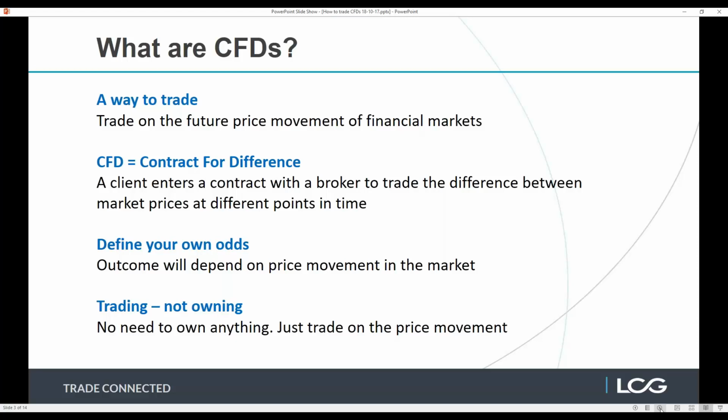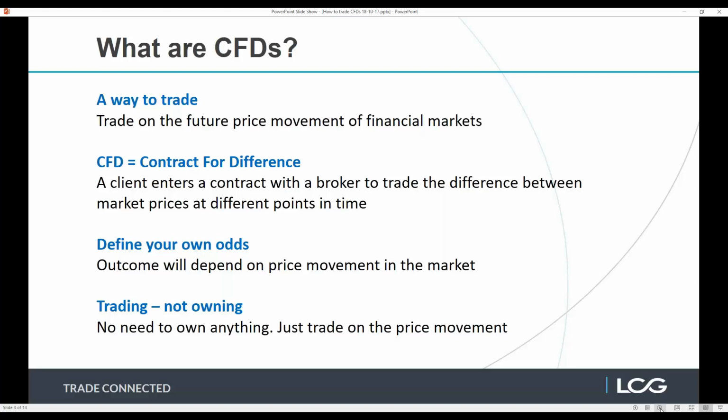I'm going to go into more example trades on this, but it's more like an agreement between you and your broker to trade back and forth in the prices of a certain market without actually buying or selling the physical asset or security of that underlying market.